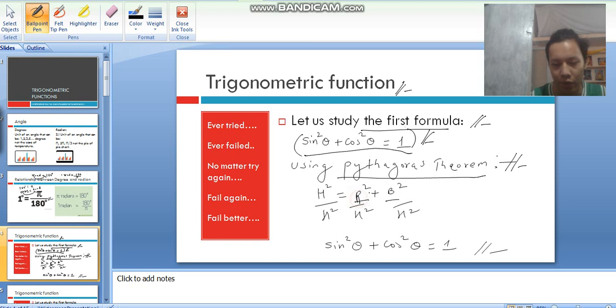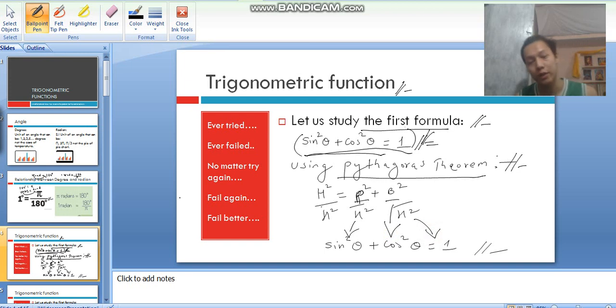Here I write perpendicular and base. You can call it adjacent and opposite. So using this Pythagoras theorem, we can derive this first formula for the trigonometric functions. If we have this Pythagoras theorem, divide by hypotenuse square on both sides, and this hypotenuse will cancel out. We will get 1, and this will be p by h. By taking square common, it will become sine square, and here taking common, it becomes cos square, and hypotenuse square by hypotenuse square is equal to 1.